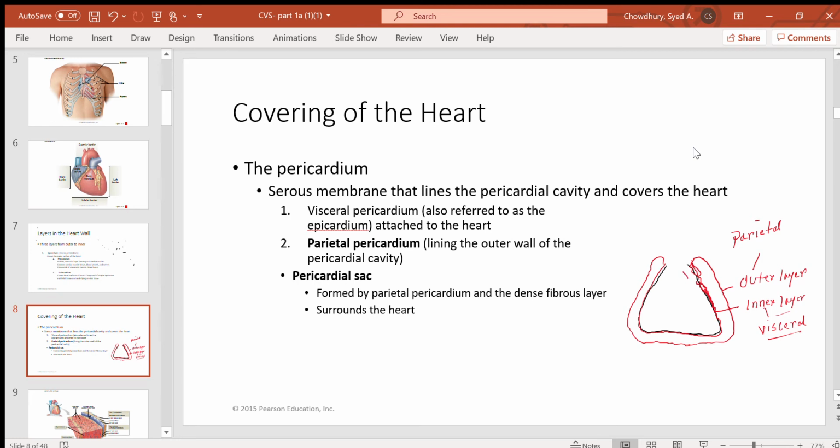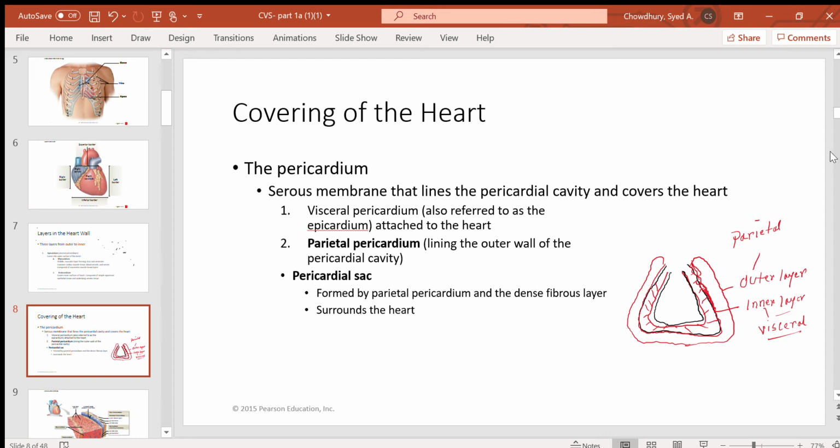Then you have the thick middle layer, that is the myocardium, the muscle that gives the contraction. Remember I showed you in the last slide. So this is the myocardium, and then the innermost thin layer which actually makes the surface smooth, that is the endocardium.